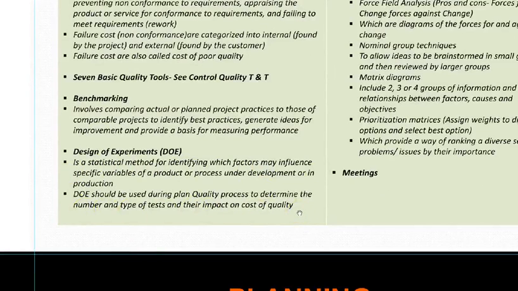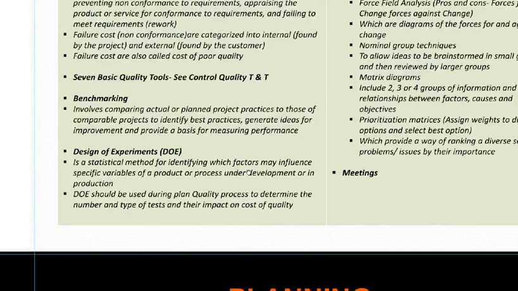Now, a simple example of this would be like before you get some drugs, medicines, out in the market. So they do a lot of experiments on those medicines and see their impact and test it to make sure that the quality is good enough for someone to have it without affecting them. So that is what design of experiments is, and that is an example related to design of experiments.